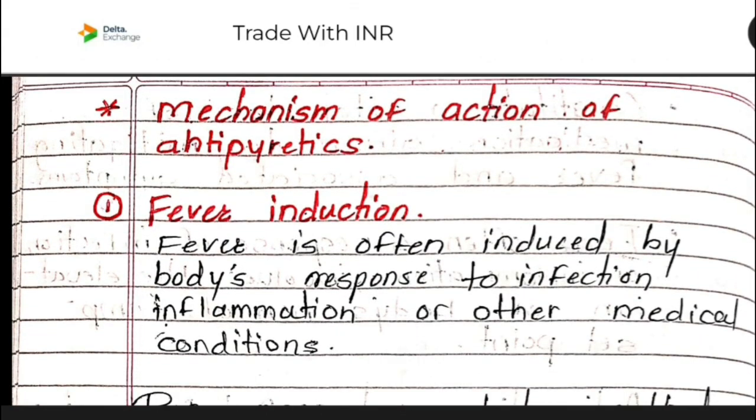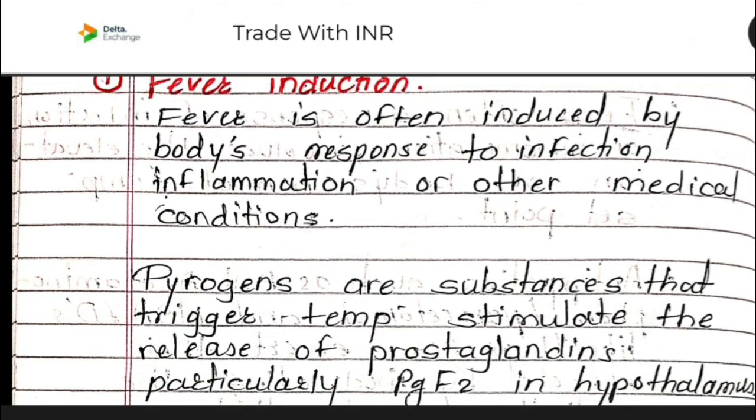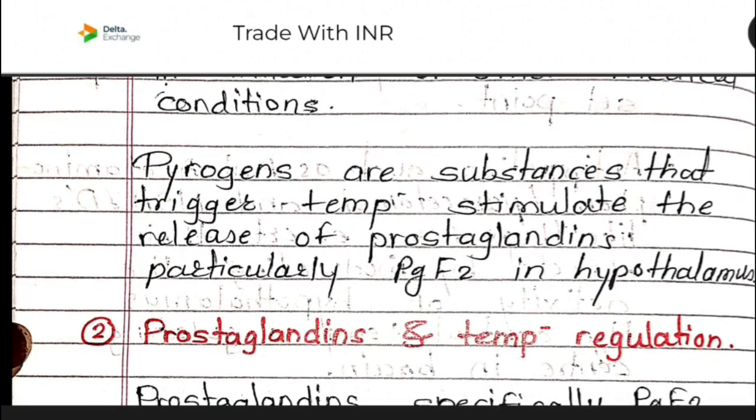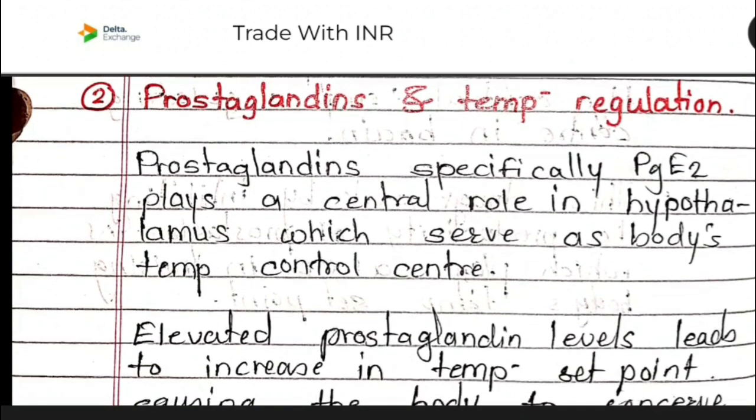Mechanism of action of antipyretics. Fever induction: fever is often induced by the body's response to infection, inflammation, or other medical conditions. Pyrogens are substances that trigger fever and stimulate the release of prostaglandins, particularly prostaglandin E2, in the hypothalamus.